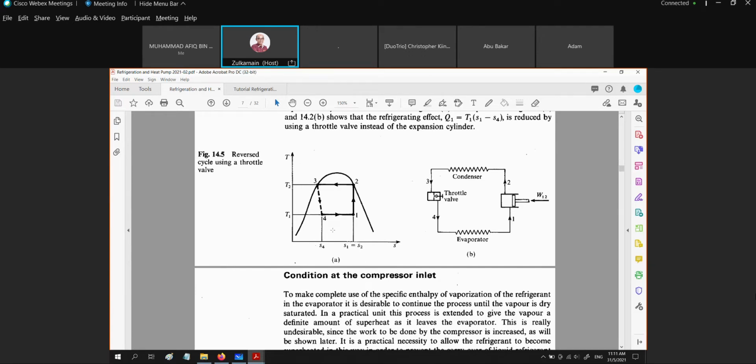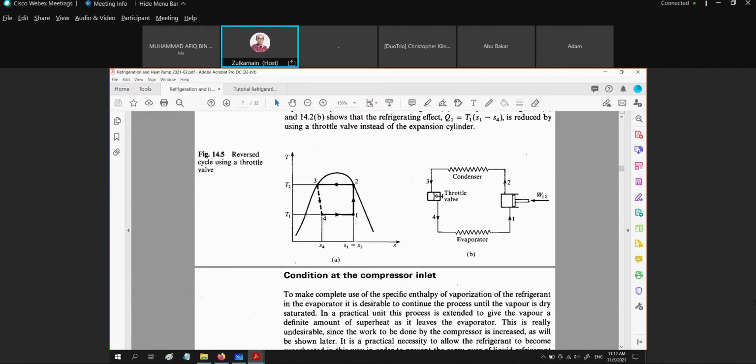Then what we do, we try to increase back the Q41 by moving the point or state 1 to the saturated vapor. And then after that, we try to move further to the right of state 1 to the superheated vapor. Once state 1 moves to the saturated vapor, then state 2 will become superheated vapor.